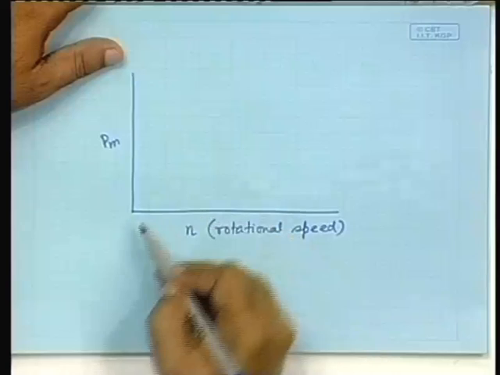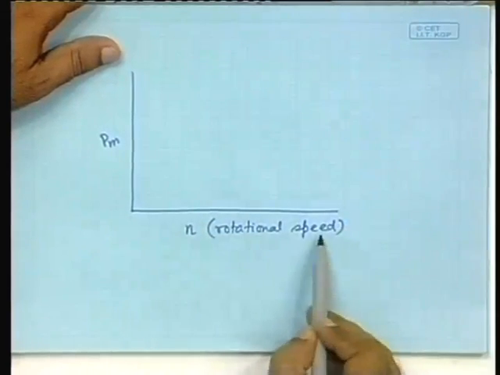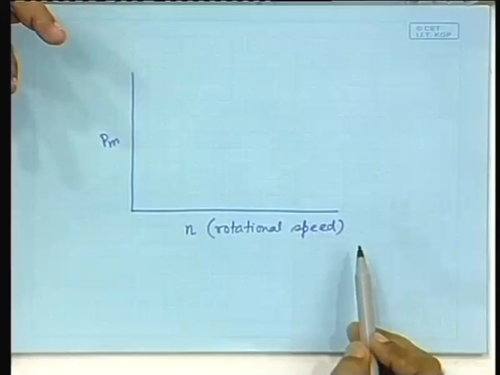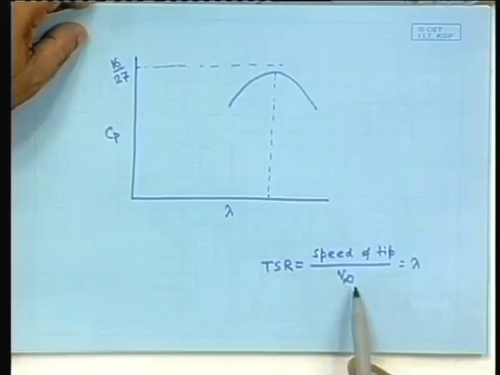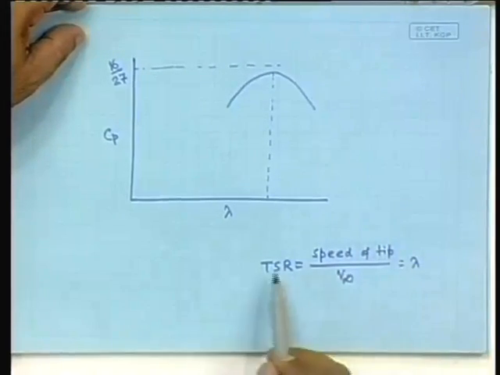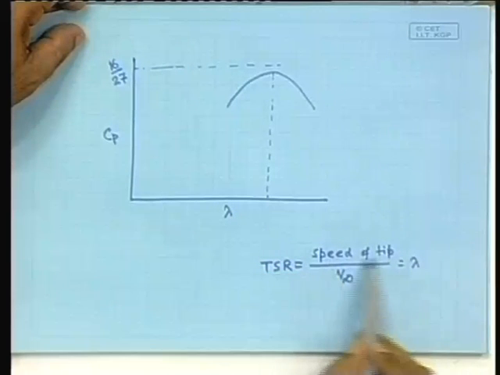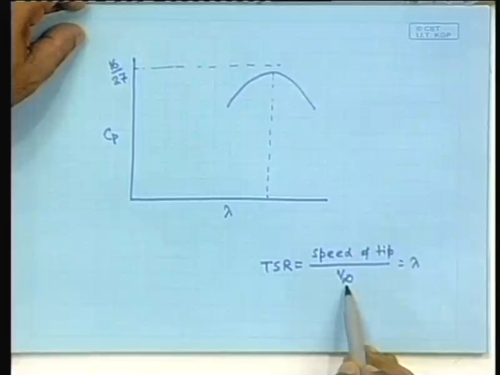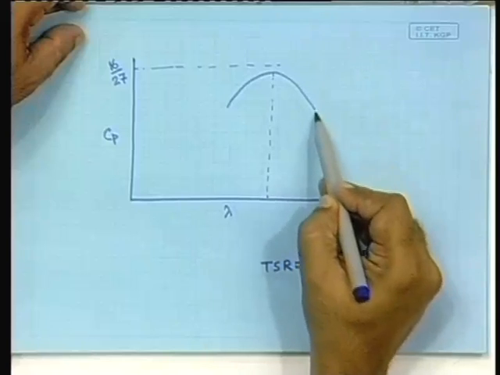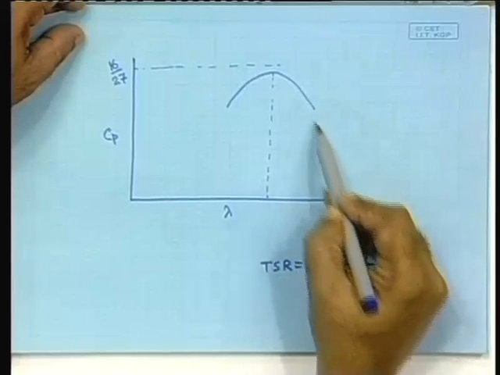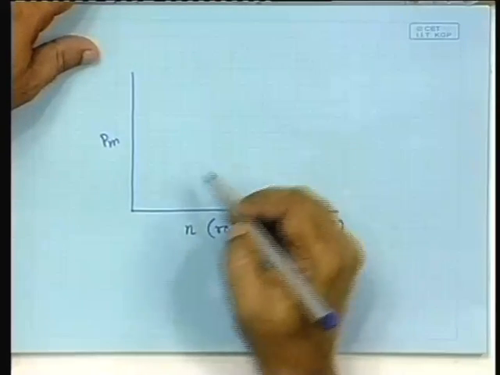It must rise, but can it rise indefinitely? No, because as the rotational speed increases, the power is dependent on Cp and Cp depends on lambda. So, if the speed of rotation goes very high, with V infinity remaining constant, then the TSR will be very high. As a result, the Cp will go down, power will be less, so it will again fall. So, the characteristic would be something like this.